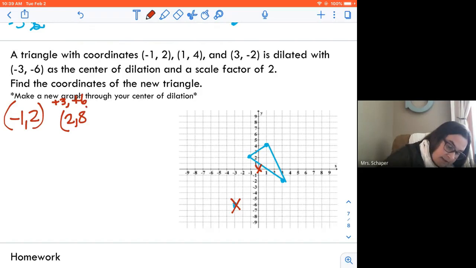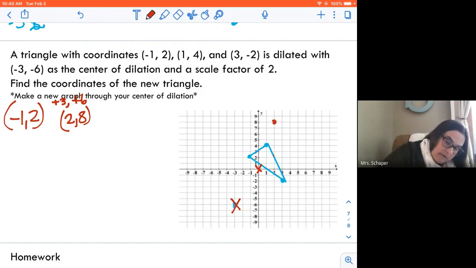Okay, so if I shift this, it goes up 3, 1, 2, 3. And I go to the right 3, 1, 2, 3, and I go up 1, 2, 3, 4, 5, 6. All right.